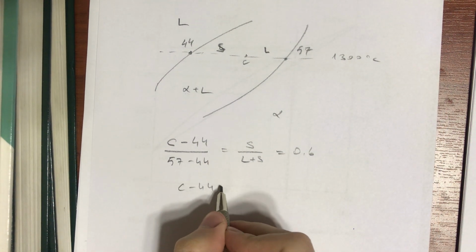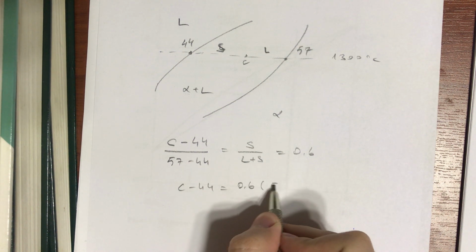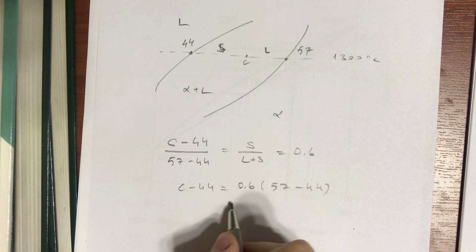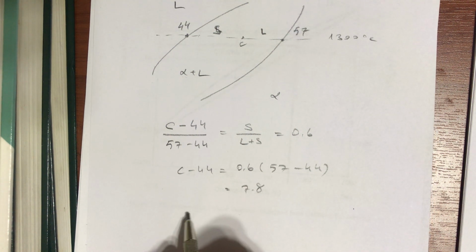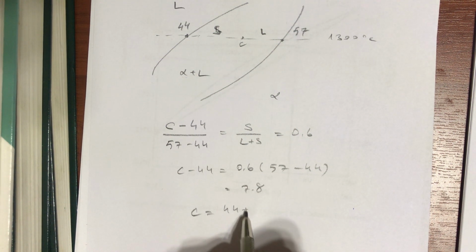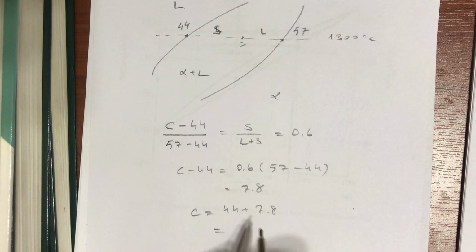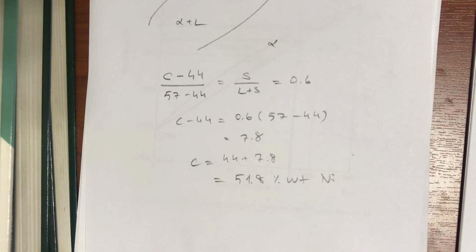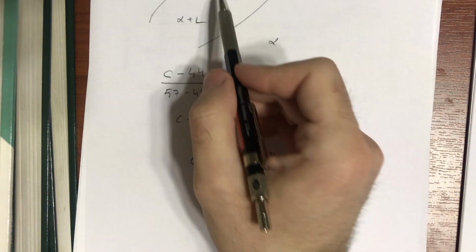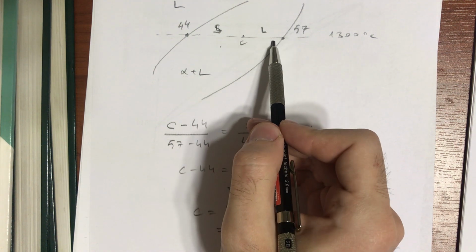C minus 44 is equal to 0.6 times 57 minus 44. That turns out to be 7.8. Then the composition is 44 plus 7.8, which is 51.8% weight nickel. So at this composition we have 60% solid and 40% liquid.